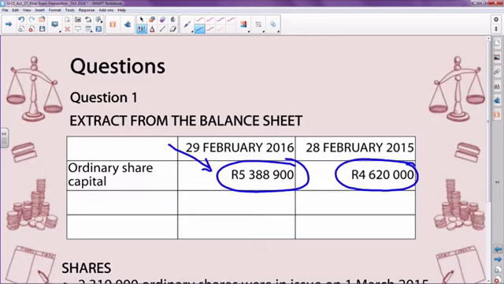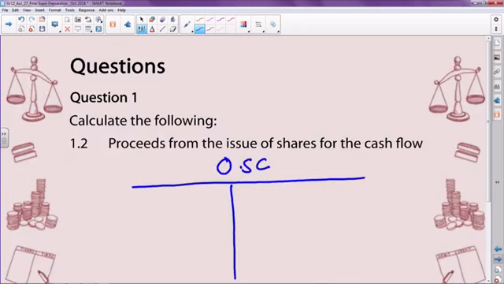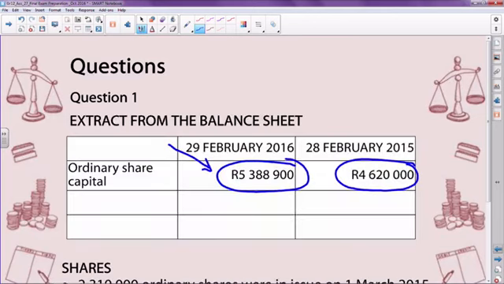We start off by saying that my opening balance in my ordinary share capital is 4,620,000. Look at the method that I'm using in order to find what I'm looking for. Right, number 2. I also know that the closing balance is 5,388,900.